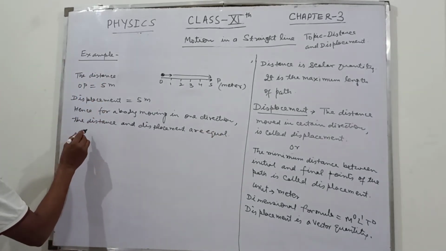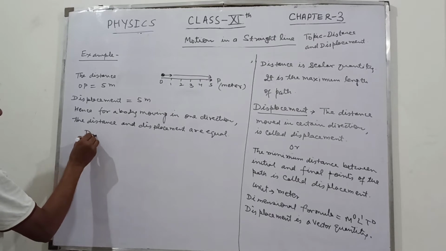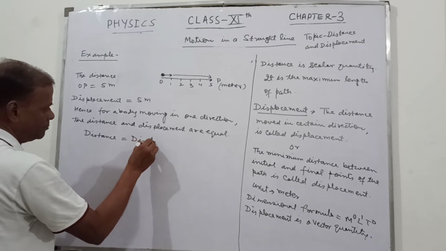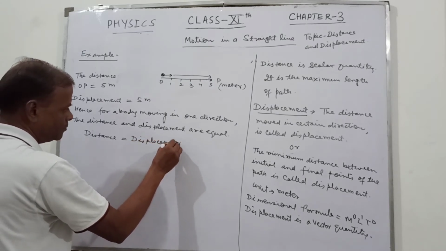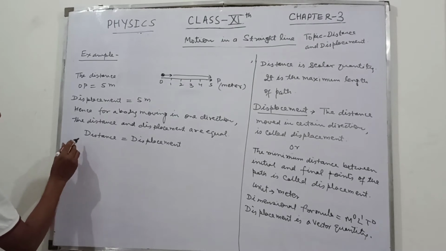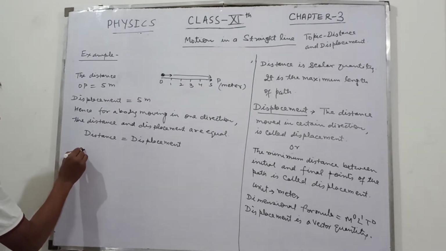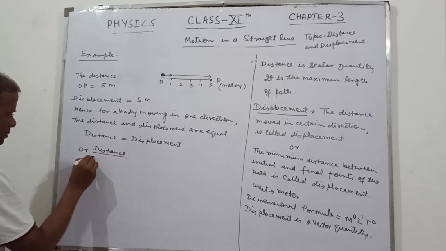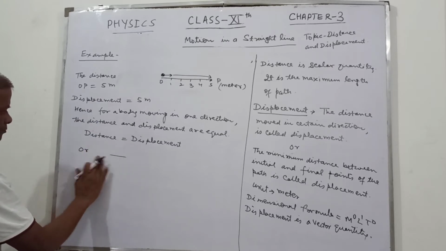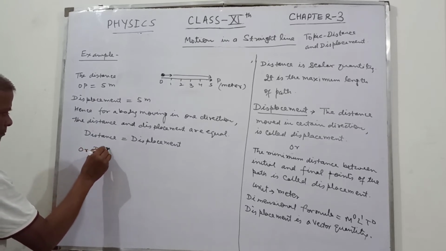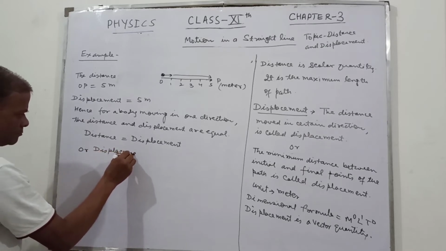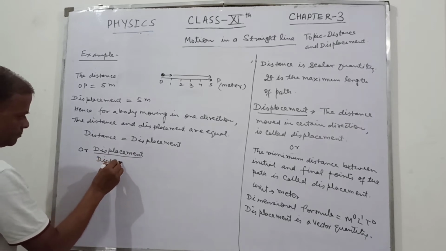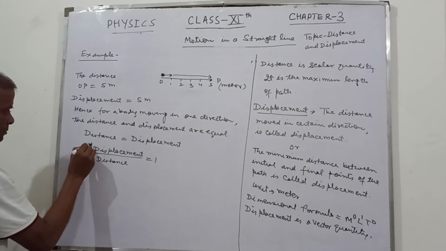So we say that distance is equal to displacement, so we have the relation that displacement upon distance is equal to 1.